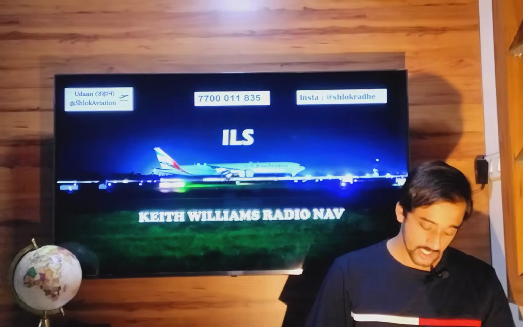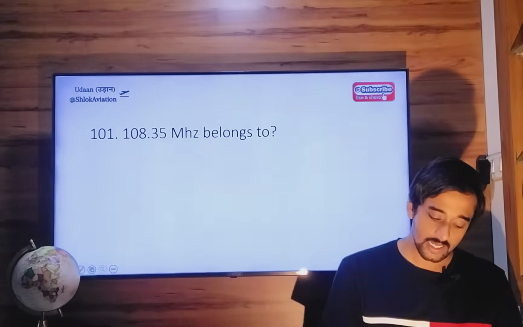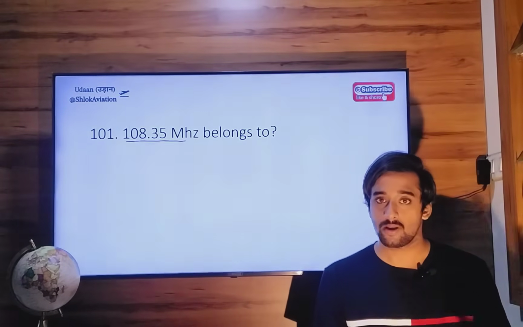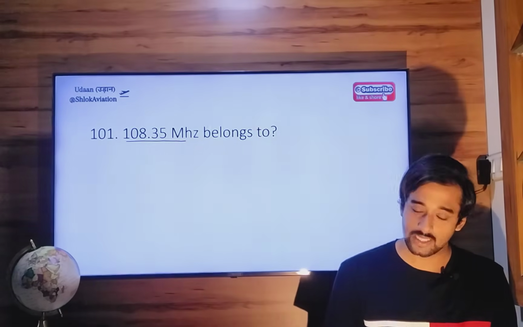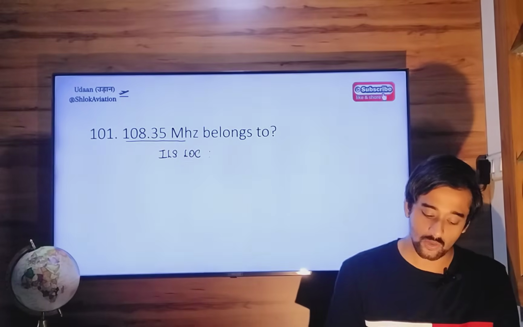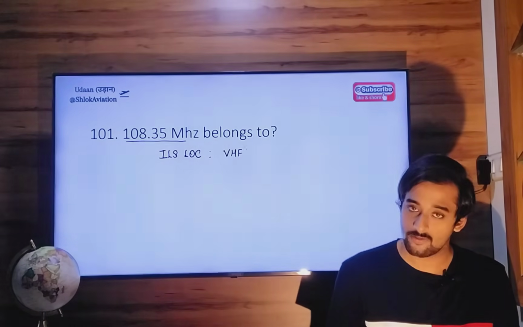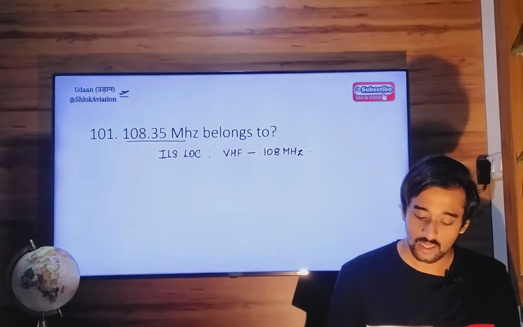Let's begin with today's new questions. Question number 101. 108.35 megahertz frequency belongs to what equipment? Now this frequency belongs to the ILS localizer. The ILS localizer works in the VHF band starting from 108 megahertz to 112 megahertz.